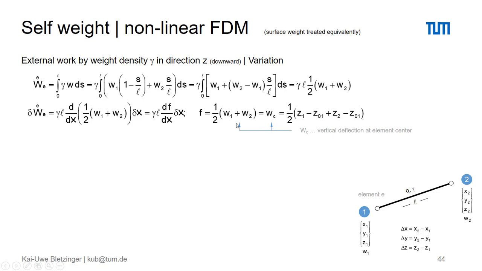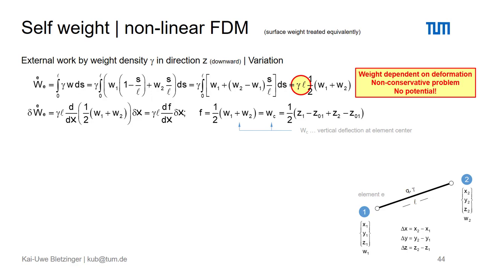Those are alternative notations. I already have mentioned that the specific property of the load case weight is that the weight is depending on the change of geometry. You see it again in this work expression. That's exactly the property of what we call a non-conservative problem in mechanics, which has no potential at the very end.